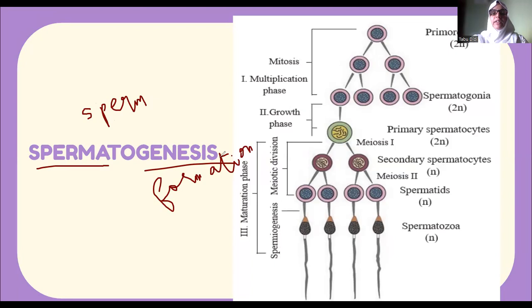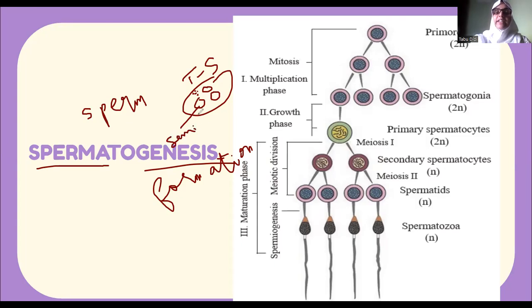Can you just pause for a few seconds and recollect where spermatogenesis will happen? Which part of the testes? Remember we did the TS of testes, and inside there were these lobules, and outside there were Leydig cells which secrete male hormone. These lobules were known as seminiferous tubules.